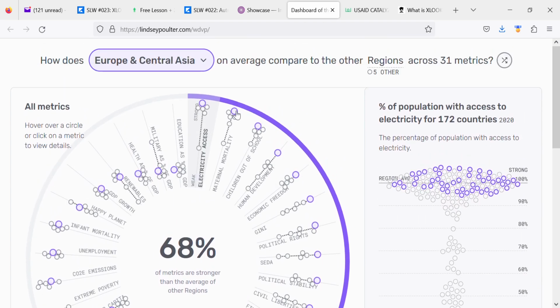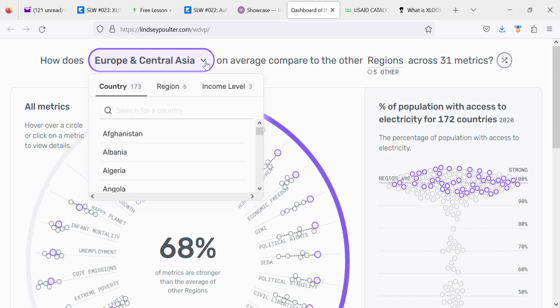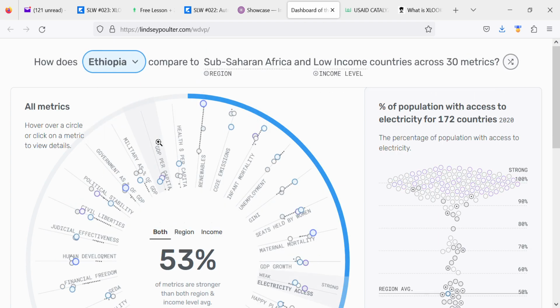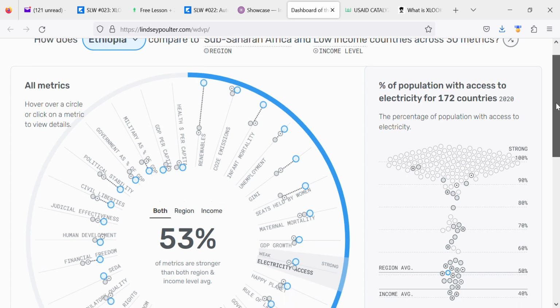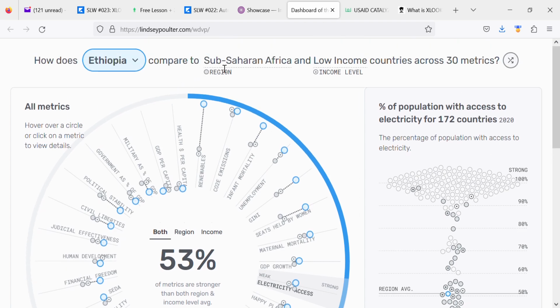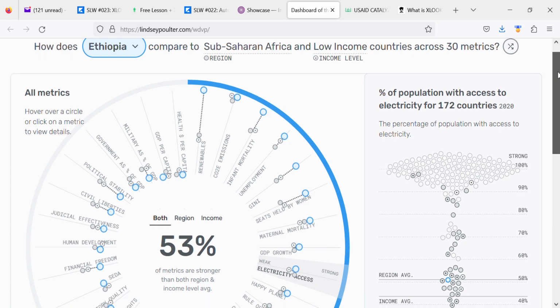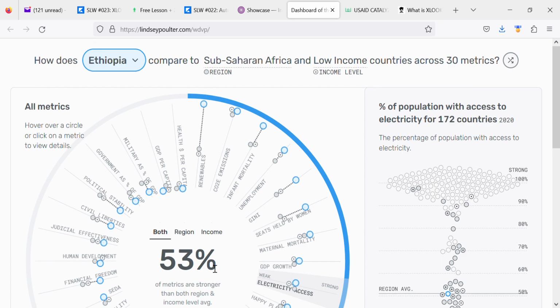So let's look at data by country. This time let me look at East African countries. For Ethiopia, for example, compared to Sub-Saharan Africa and the low-income countries across 30 metrics, the value is 53% both by region and by income.